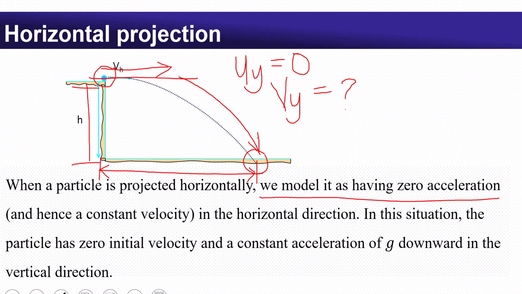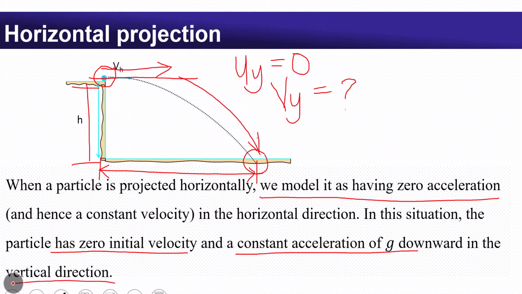There is no acceleration in the horizontal, and hence in the horizontal direction the velocity will always be constant. In this situation, the particle has 0 initial velocity and a constant acceleration g downwards in the vertical direction.